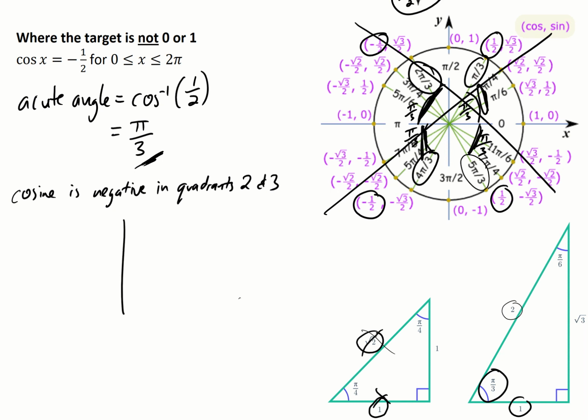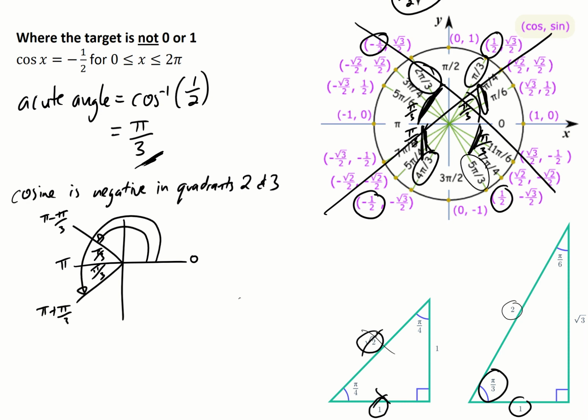So I can draw up my sort of unit circle. Here's 0, here's pi. In quadrants 2 and 3, I'm going to just put pi on 3 off the x-axis, and I can find my two solutions. So this is pi minus pi on 3, and this one will be pi plus pi on 3.